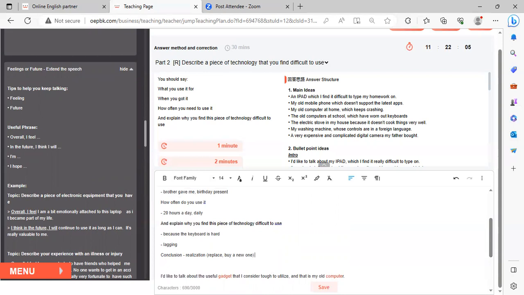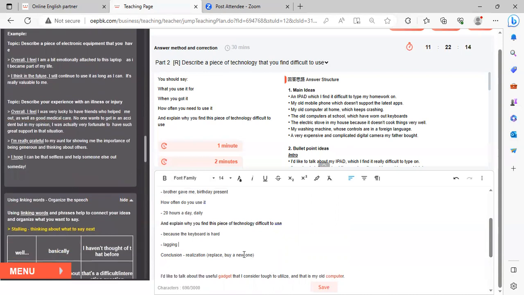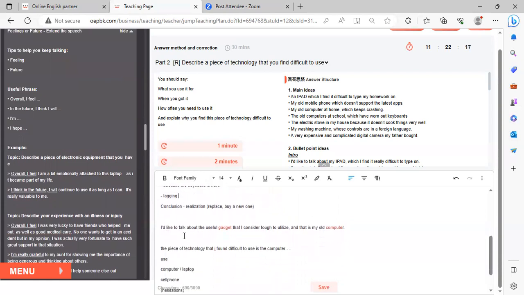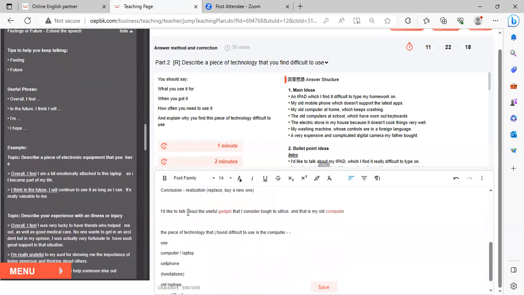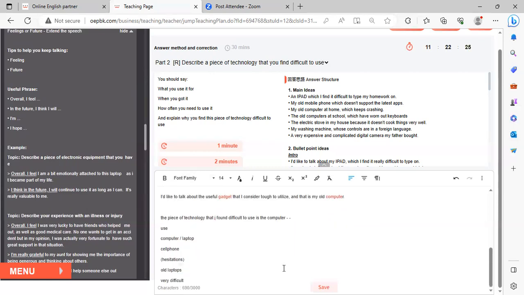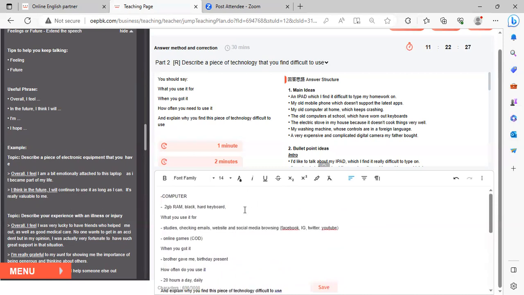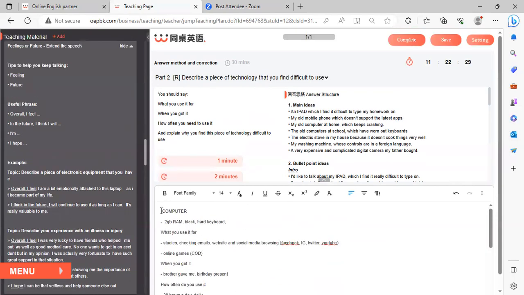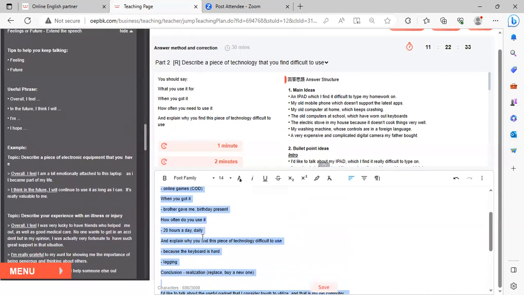I already gave you the technique in giving conclusion. So you can say overall, or you can think of the future. So you said that you have some realizations. So your realization is you need to replace and buy a new one, right? So in part two, you have everything you need in answering your part two.